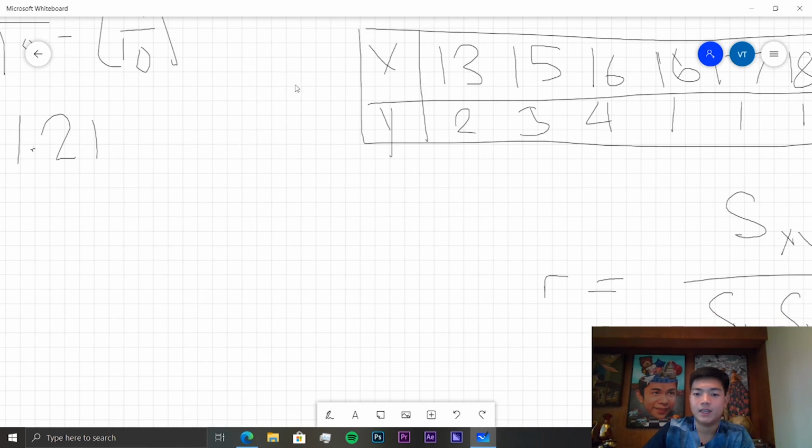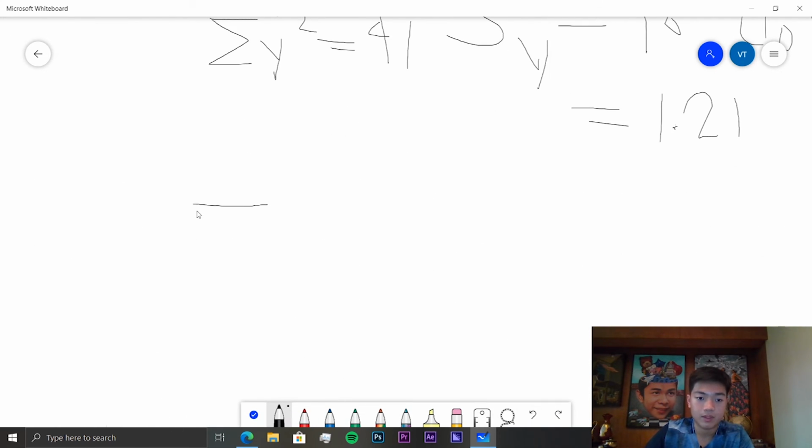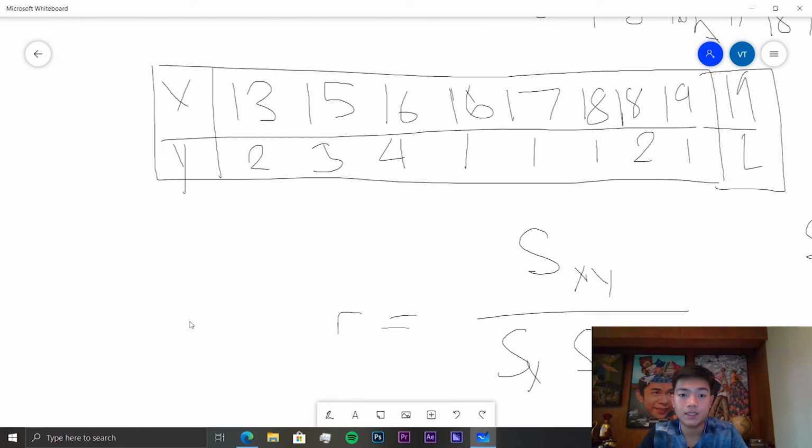So finally, we need to get the standard deviation of the values being multiplied together. So we have the sum of the product of both x and y values. The sum of them is equal to 13 times 2, 26, plus 30 plus 64 plus 16 plus 17 plus 18 plus 36 plus 19 plus 38.